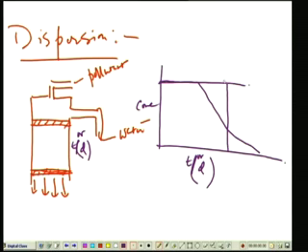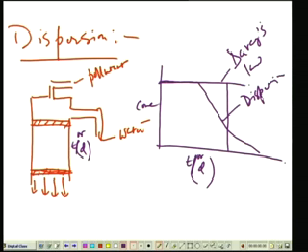So this is Darcy's law. This talks about Darcy's law. This is dispersion, plume dispersion. This is about the plume dispersion and how it would work out like this. Is that clear?